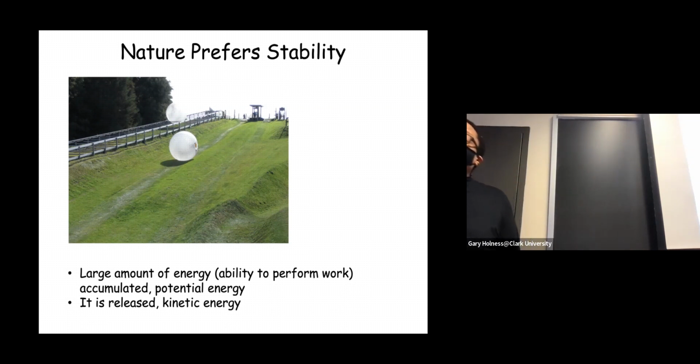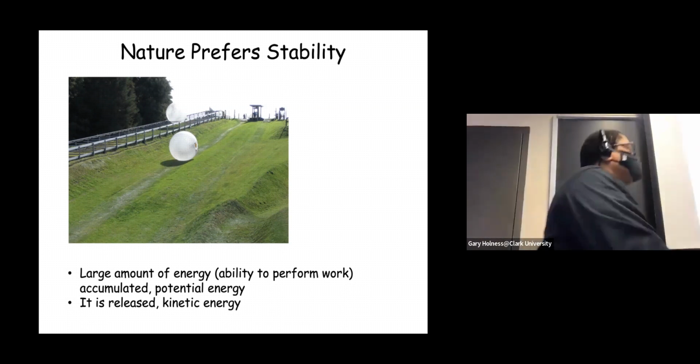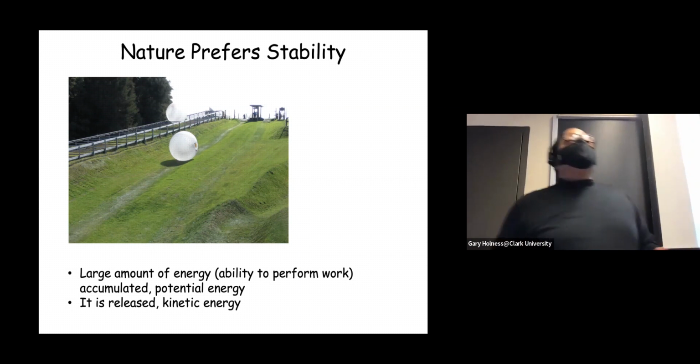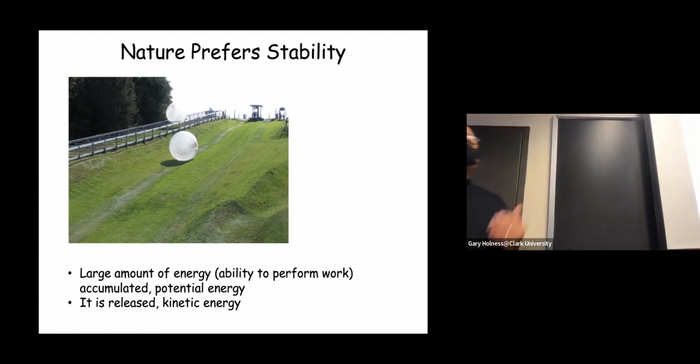And if you were to release it, it converts that potential energy to kinetic energy, energy of motion, until it reaches the ground state, which is the lowest energy level that is available to it. And so when you have a large amount of energy accumulated, you can use that energy to do work. You have to release it through motion in order to get it to do work.